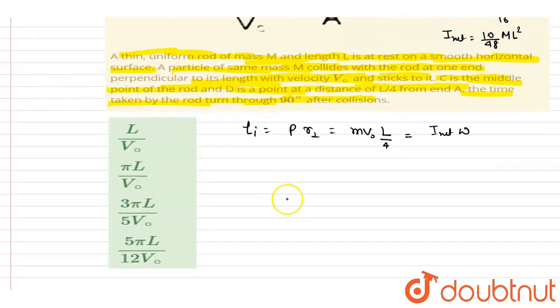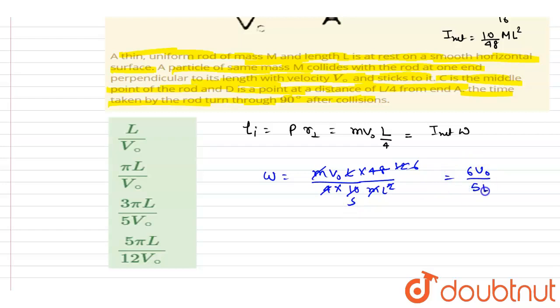So from here omega will be equal to m v0 L by 4 divided by I net, which is 10 by 48 m L square. So this m and m, this L and L will get cancelled out, and 12 over 5 by 2 gives 6 over 5. So we got omega equals 6 v0 by 5L.